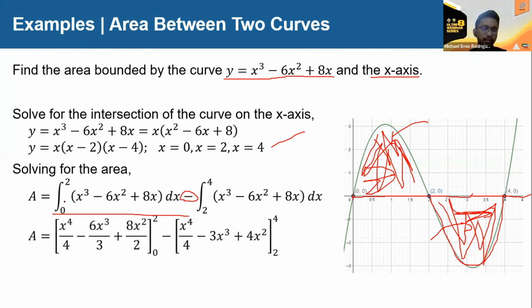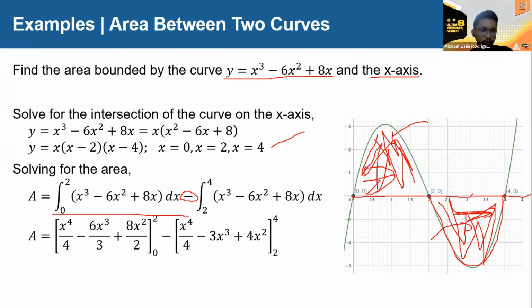So we integrate that. x to the 4th over 4 minus 6x cubed over 3 plus 8x squared over 2, then apply limits from 0 to 2. Same here, the integral is the same, with the limits from 2 to 4. So simplify.